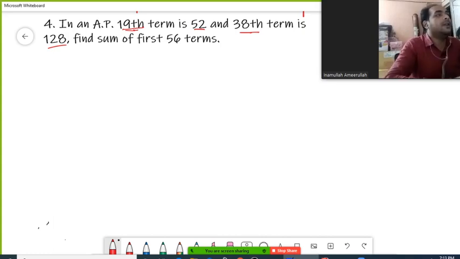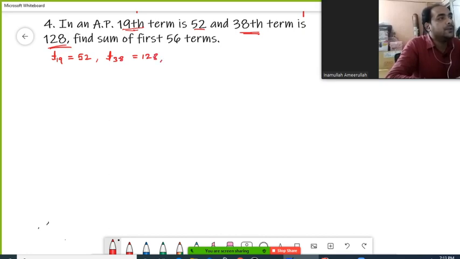In an arithmetic progression, the 19th term is 52, which means given that T19 is 52, and the 38th term of this sequence is 128, so T38 is 128.